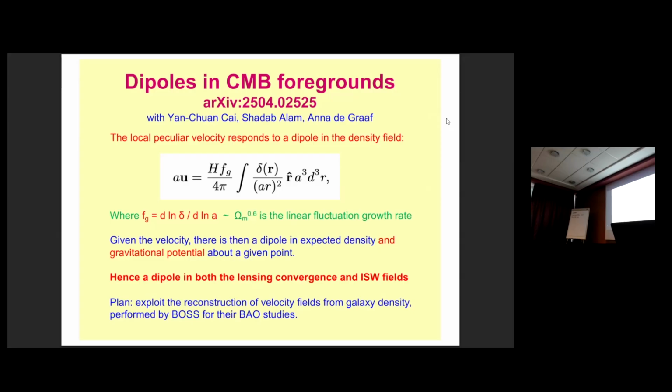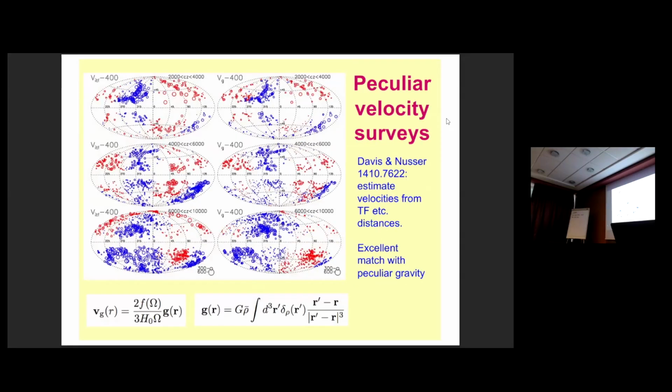And you can recover most of that by predicting the galaxy motions from the fluctuations that you see within the survey itself. That sounds implausible, but it really works.